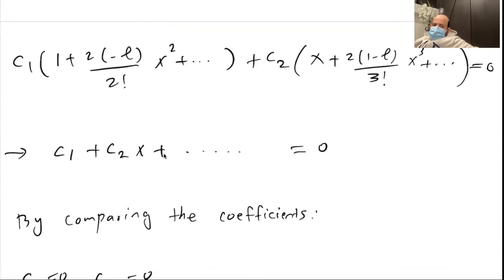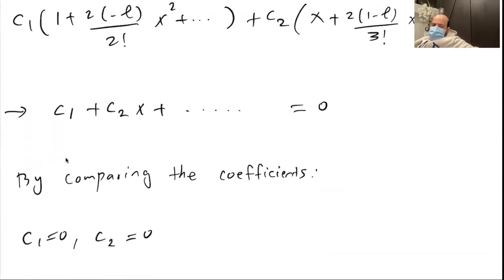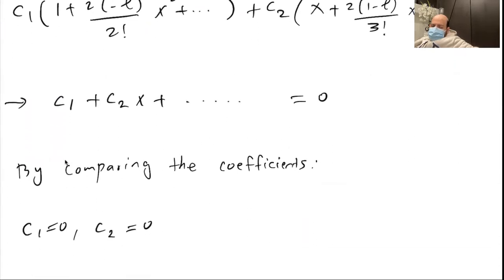And once I put this linear combination equal to 0, then I'll have this expression equals 0, which means the constant term must be 0, the coefficient of x must be 0, and every other coefficient must be 0 as well, but I don't need them. I just need to use these two terms equal to 0, because that already gives me c1 equals 0 and c2 equals 0, and that's all I need.